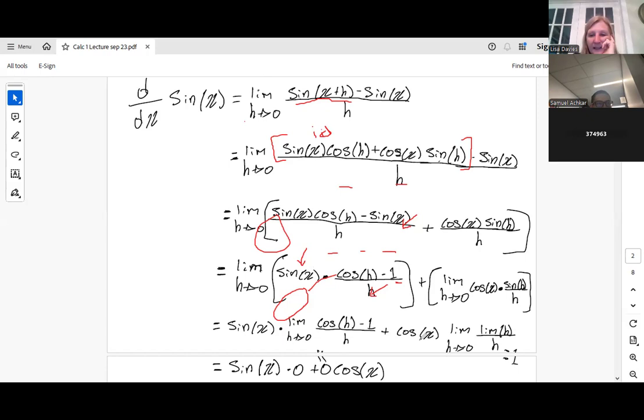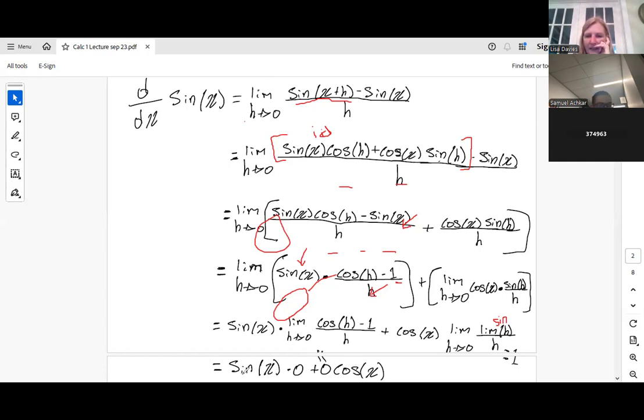And in the second case, he's got cos of x times the limit of, that should be the limit of sine h here, not just h. And the limit of sine h as h approaches 0 is 0. So he's got 0 times cos x there.